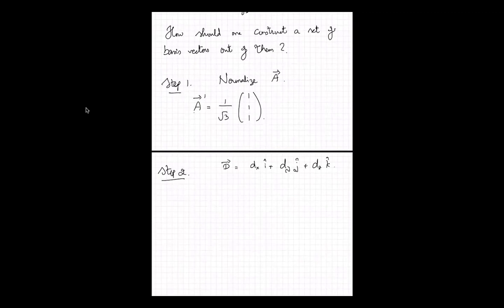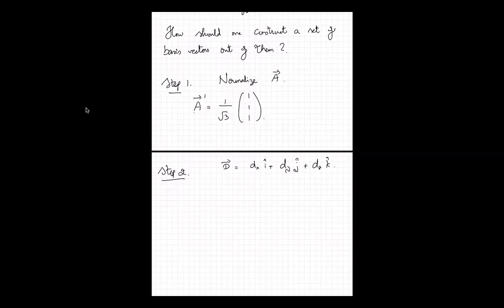Out of this D vector, I want to construct a new vector that is perpendicular to the z direction. Now, obviously, D is not perpendicular to the z direction because it has a z component. But suppose D did not have any z component, it would be perpendicular to z because i and j are perpendicular to z.